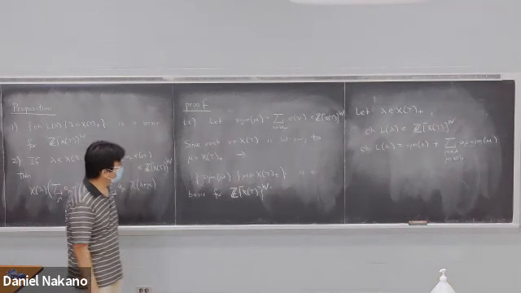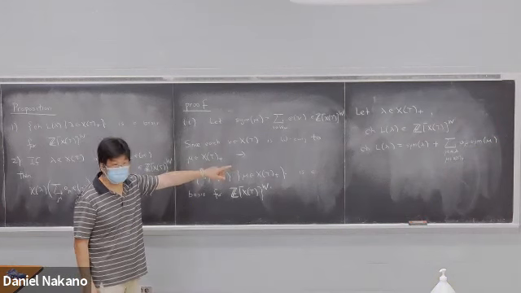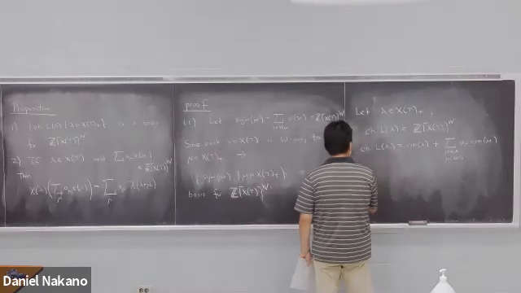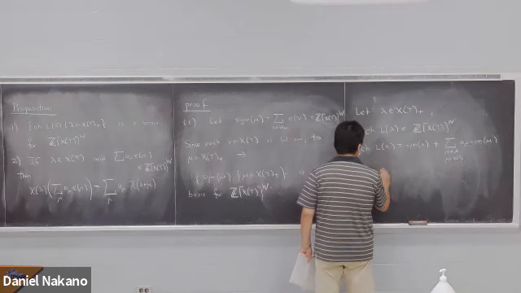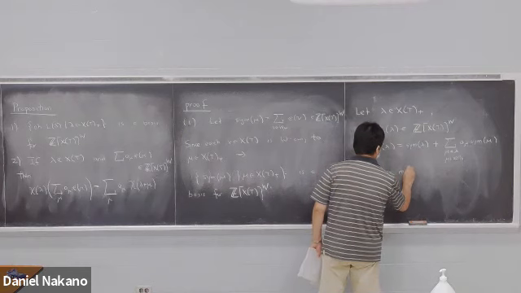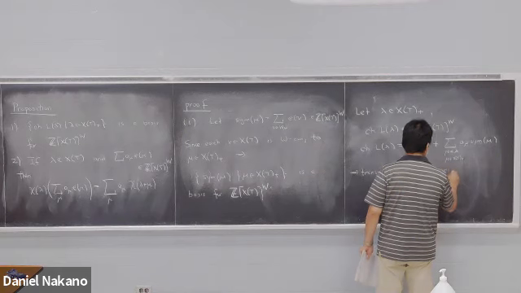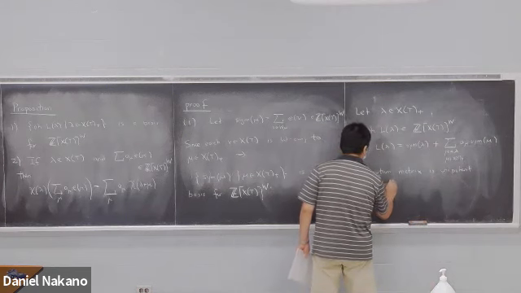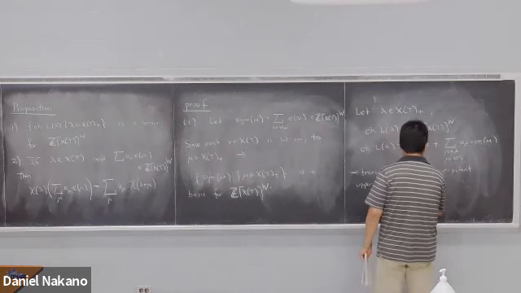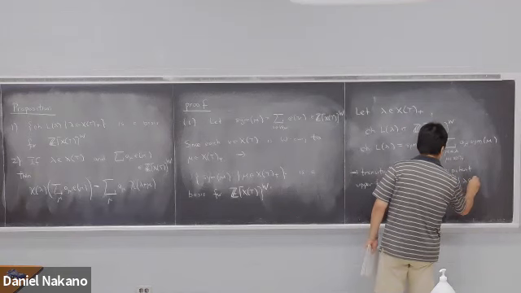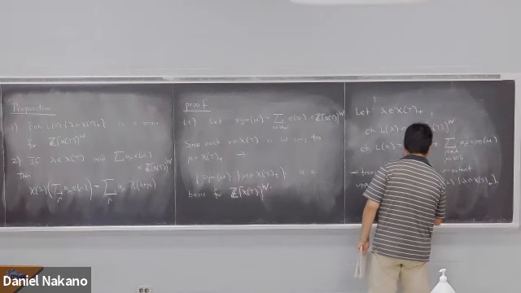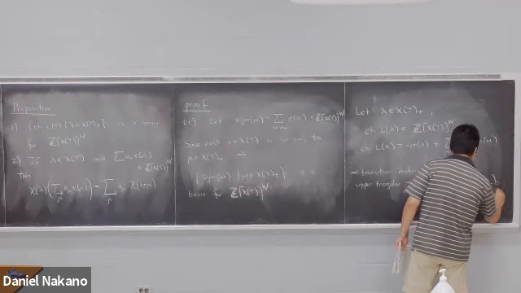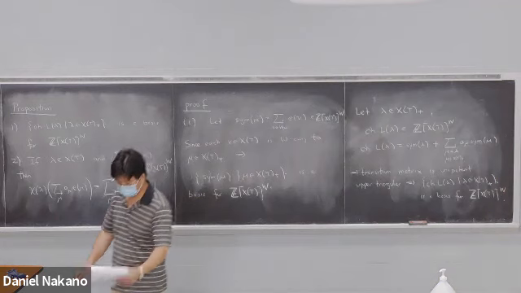And so you can see that the transition matrix is uni-triangular, so these have to be the basis. That part's done.